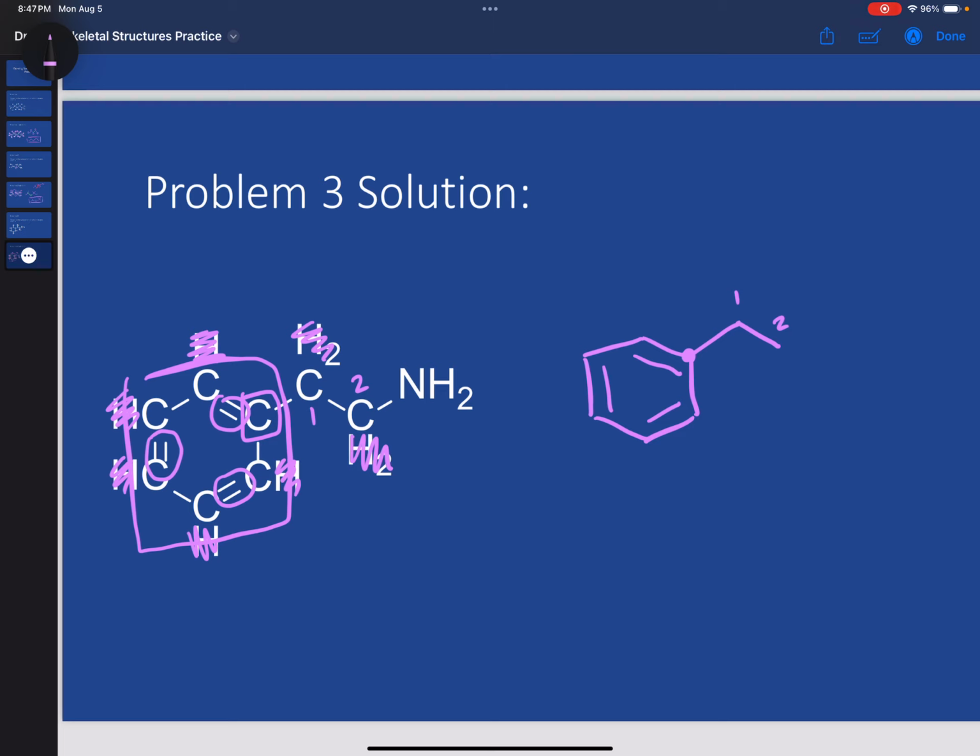And then lastly, we're going to take care of this NH2 group. So there's a lot of temptation for people to just write NH2 at this point and be done. That would be incorrect, because in that case, you would have lost your carbon, because that means you have a carbon here and then the nitrogen there. So be careful.